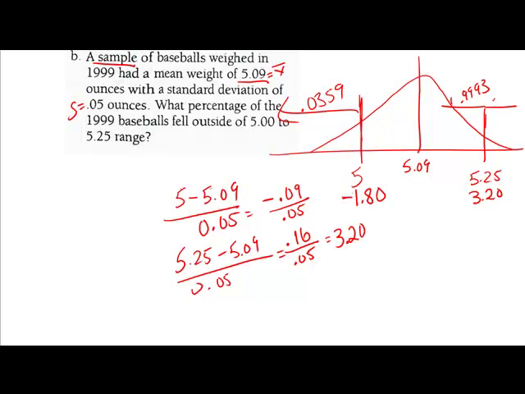That leaves 0.0007 in the positive. So less than 3.59%, and 0.07% is greater. So I hope that's what you got.